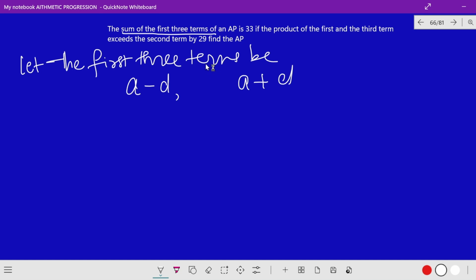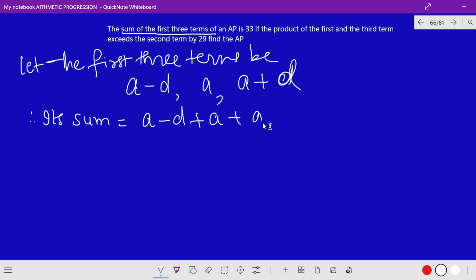If I take the sum of these, its sum is equal to A minus D plus A plus A plus D. The sum of the three terms of an AP is equal to 33.